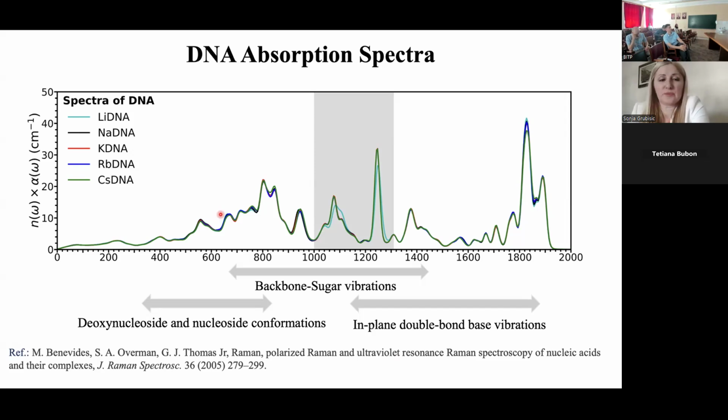There is no such band in the spectra that we calculated, but it's present in the experimental data. Why did this happen? It's simply because for the band of the translational vibration of water molecules, it's very important to use polarizable force fields.